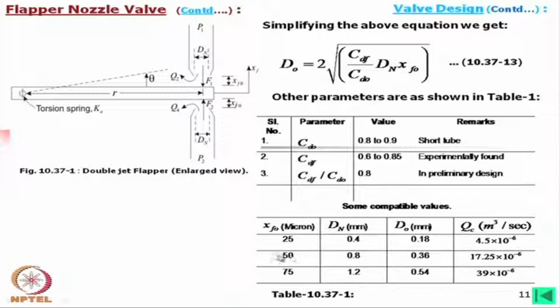If it is 50 micron, then this is 0.8 and this is 0.36, and 17.25 cc, and if it is 75 micron then 1.2, 0.54, and this is 39.